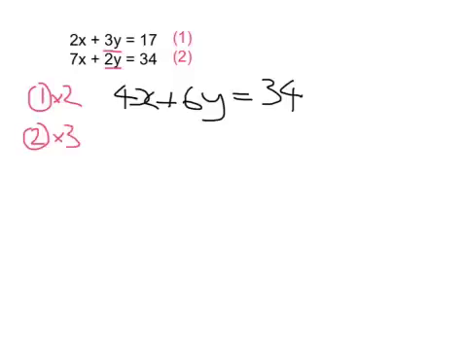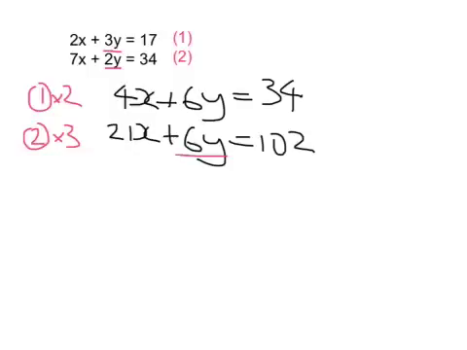And you'll see why in a second. So I'll have 21x plus 6y equals 102. Now, you'll see that 6y and 6y are the same, so now we can eliminate them.